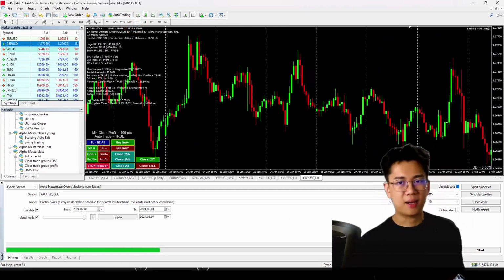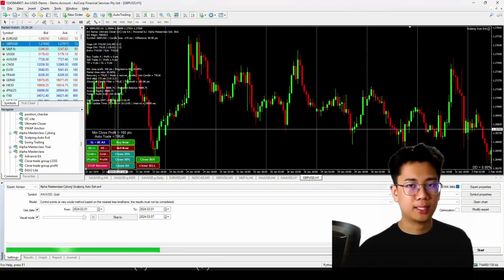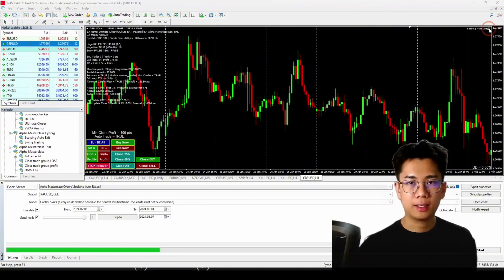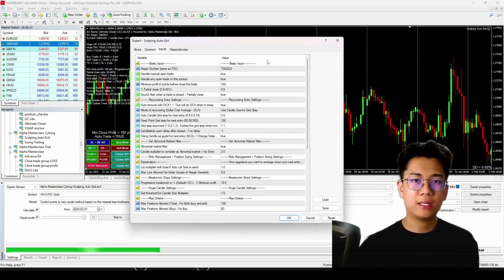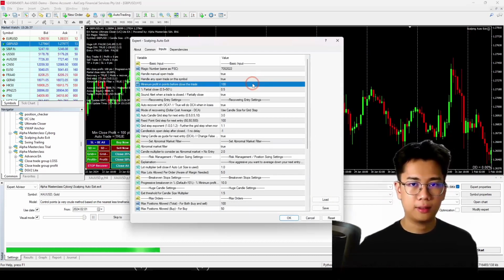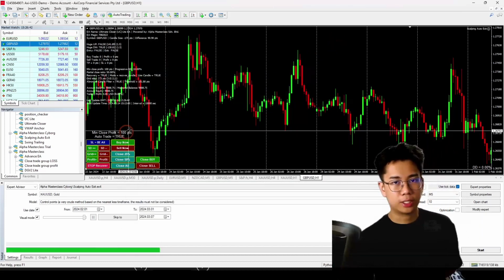I think there is some bug here, but actually the number here changes automatically. By different market, different time frame, it will change automatically. Okay, never mind. Later I will do a check on this part.